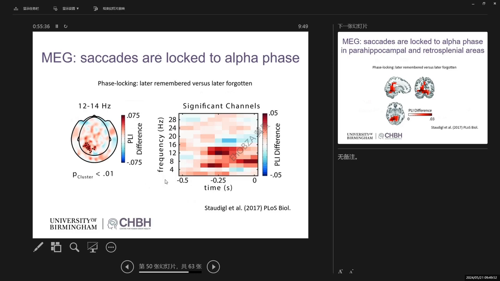That means that the alpha oscillations are the boss, so to speak, and they determine when a saccade can be released. Furthermore, we see a stronger phase locking effect for later remembered versus later forgotten items, right? So there's also a functional importance to these alpha oscillations.